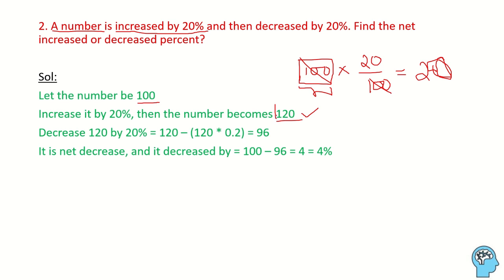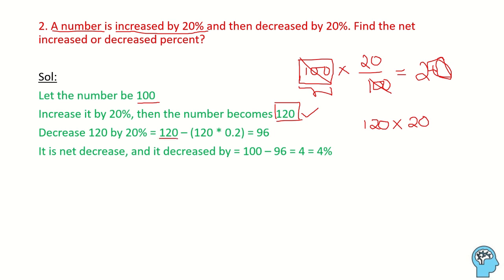Now he is saying this number should be decreased by 20%. Now how will it decrease by 20%? You have to decrease the number by 20% of 120.